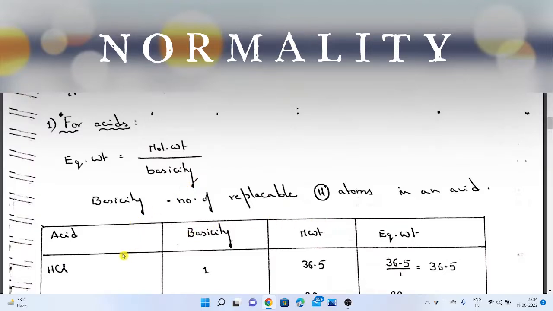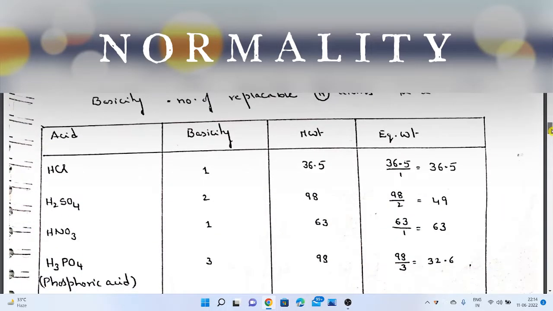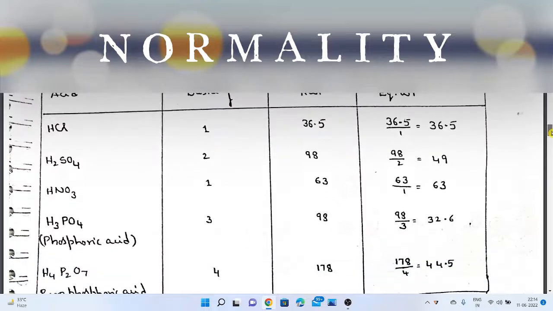Now note, the important note is that the equivalent weight of any element changes from compound to compound. Next, for acids, this is very important. Equivalent weight is equal to molecular weight divided by basicity. What is basicity? The number of replaceable hydrogens in an acid is called basicity.